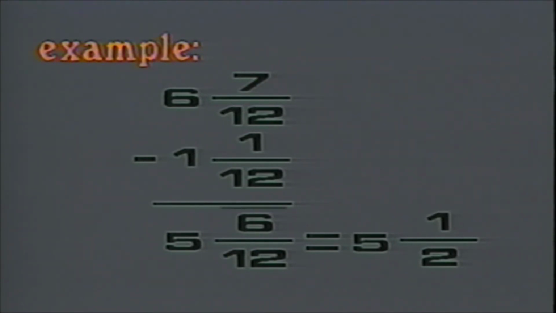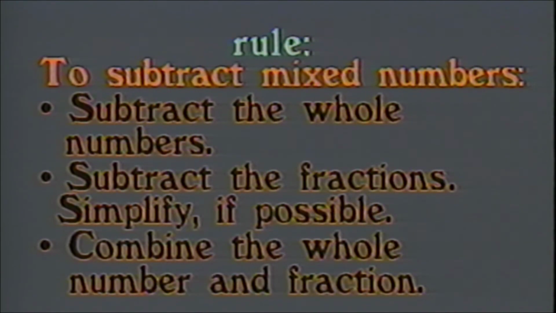You need 5 and 1/2 dozen donuts. That looks right. To subtract mixed numbers, subtract the whole numbers, then subtract the fractions. Simplify if possible, and combine the results.